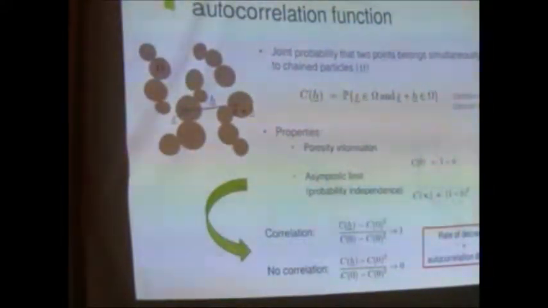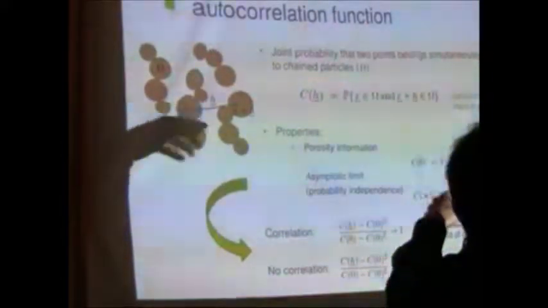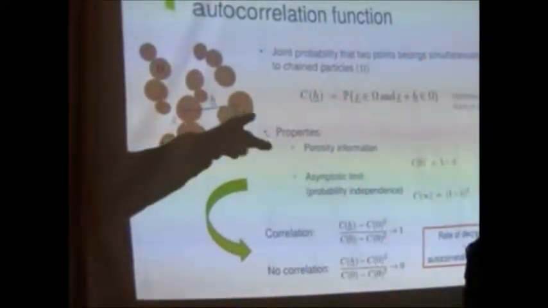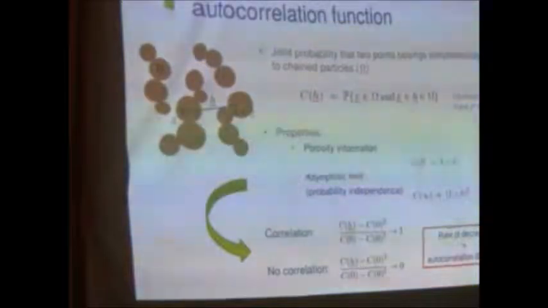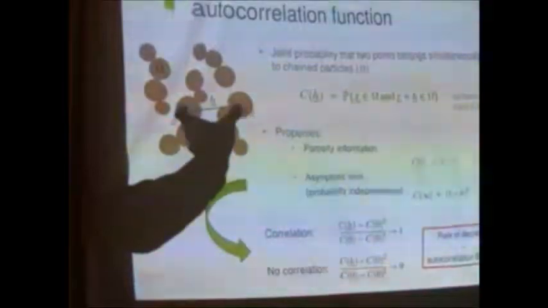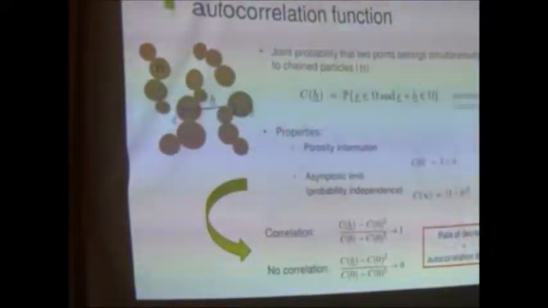This is based on the joint probability that a given geometrical point x, and its translation by a vector h, which is the parameter of this function, simultaneously belong to the chain particles. If these two points are simultaneously inside a grain, the result is 1. If one of these two points is outside, the result of the evaluation is 0. And so you can define a joint probability like this.